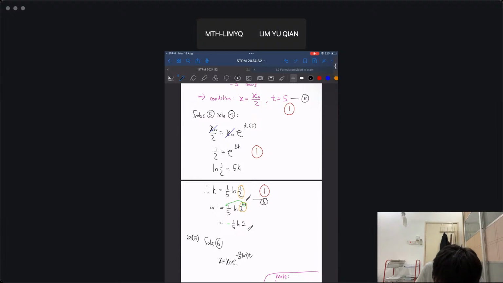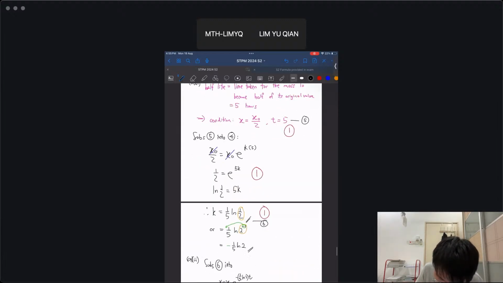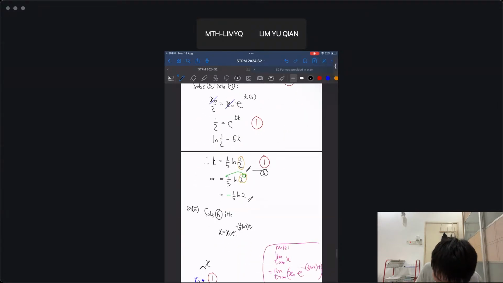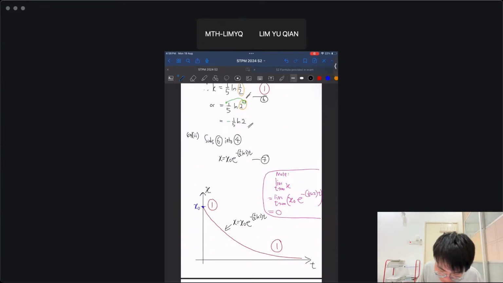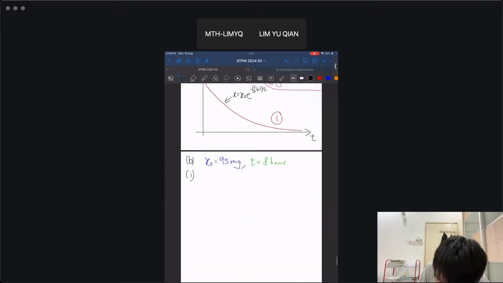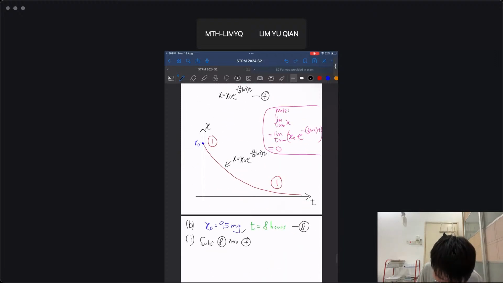Substitute equation 6 into your equation 4, then you can get this one. So this is your equation 7. Now this condition, let's call equation 8. So substitute equation 8 into your equation 7, which is your solution.